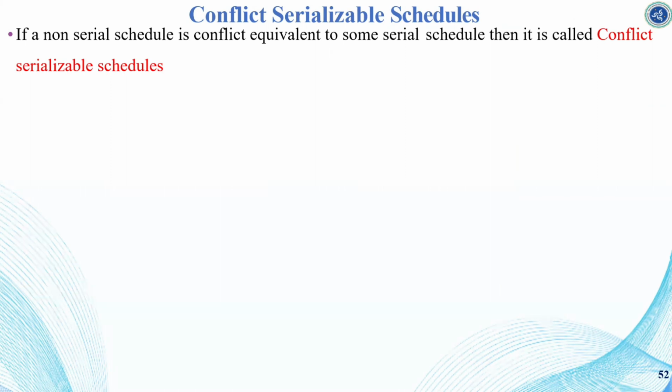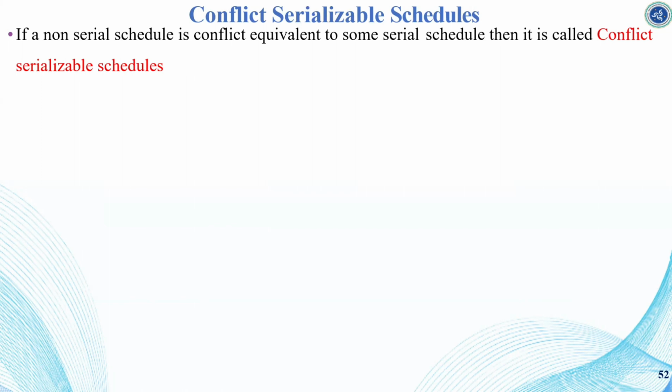If there exists a non-serial schedule which is conflict equivalent, and if it is equivalent to some serial schedule, and if we have found that there is a conflict equivalent schedule, which is a non-serial, then we can say it is a conflict serializable schedule. So this is a very important repeated item.